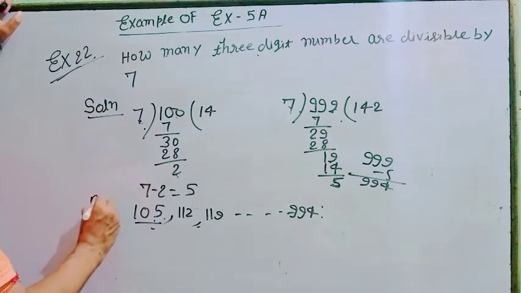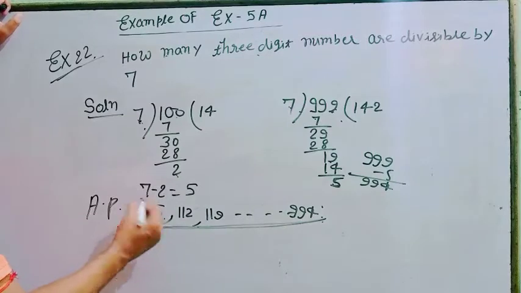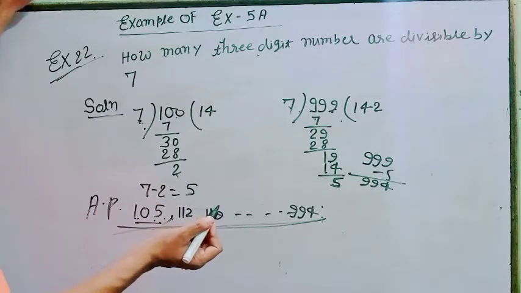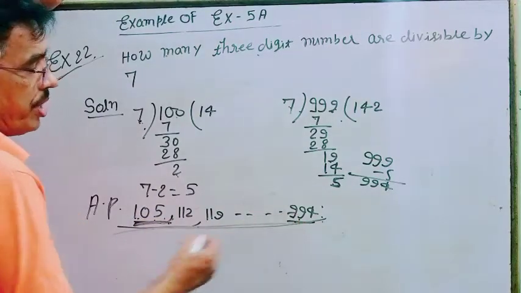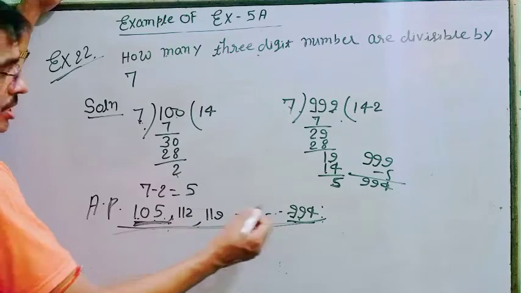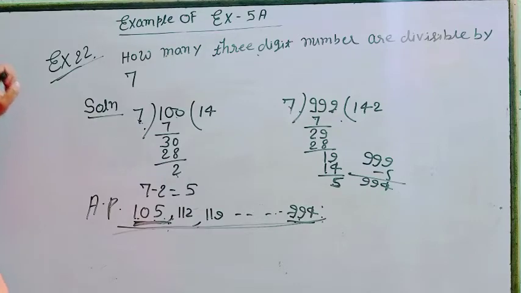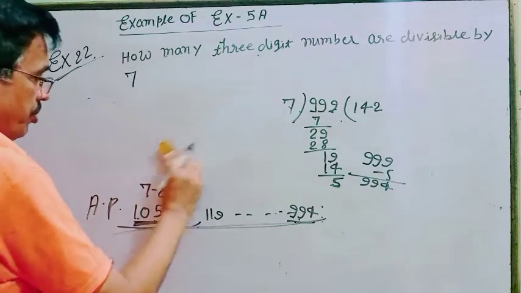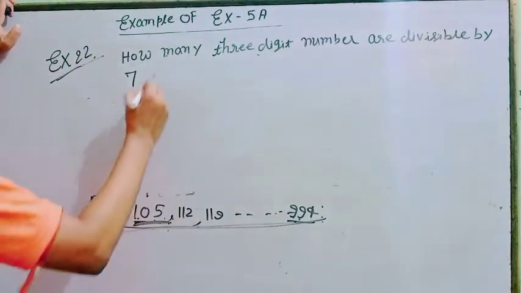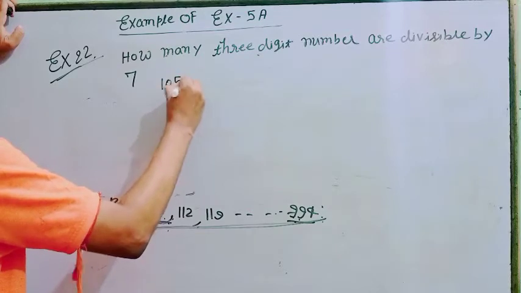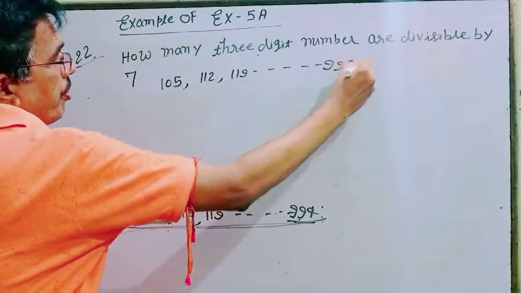Now it is in AP. Your question is how many terms are exactly divisible by 7 and all are 3-digit numbers. The first 3-digit number is 105 and the last is 994. So write the AP: 105, 112, 119, ..., 994.